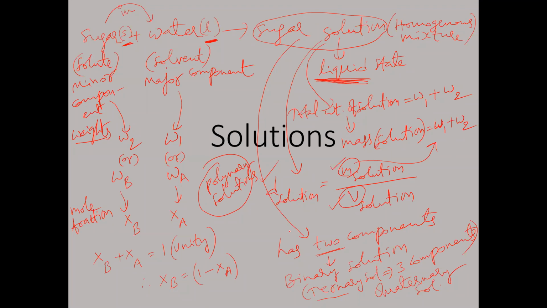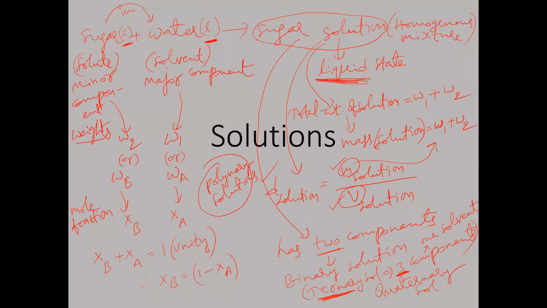Now take this ternary solution. How many components are there? 3 components. Among these 3 components, how many will be solvent? Only 1 will be solvent. Remember, there will always be only one solvent. The remaining 2 will be solutes.